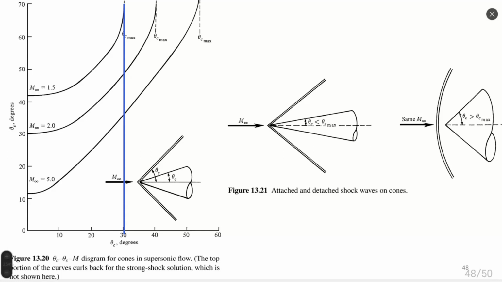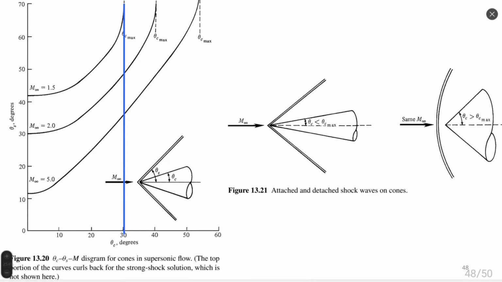In figure 21, we see two cases. When theta c is less than this maximum, we have an attached shock wave on the cone, and when the angle is bigger than theta c maximum, the shock wave is detached and turns into a bow shock wave. The bigger the Mach number, the bigger this angle of the body.